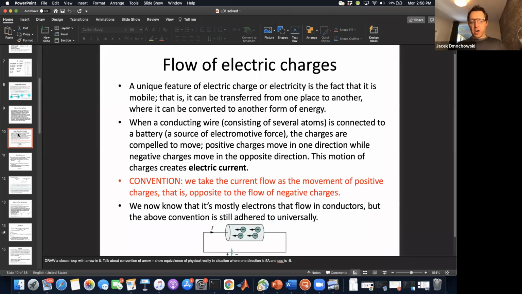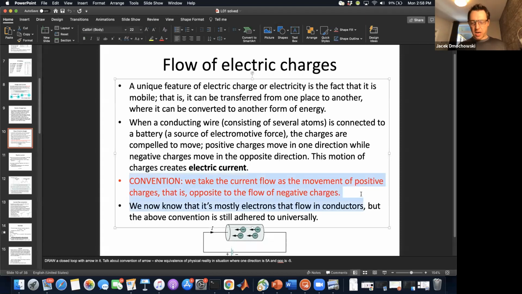All right, so we know that charge can flow. When it flows, we call that a current. So current is the amount of charge flowing past a point in 1 second. Now listen, one thing that confuses a lot of people is that we take a convention in this course, but in general in circuit analysis, where we assume that it's the positive charge that flows.